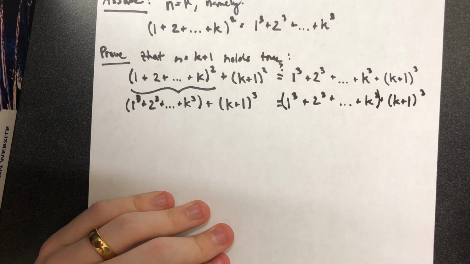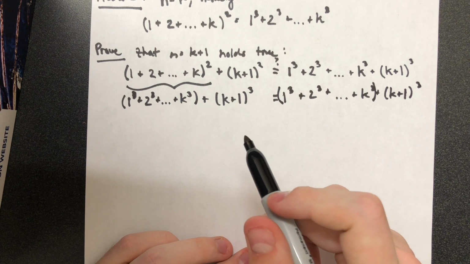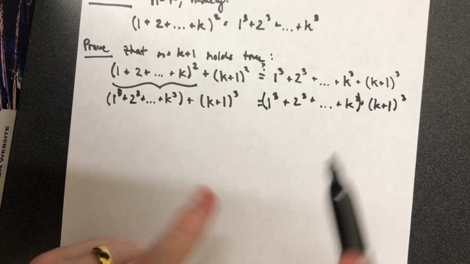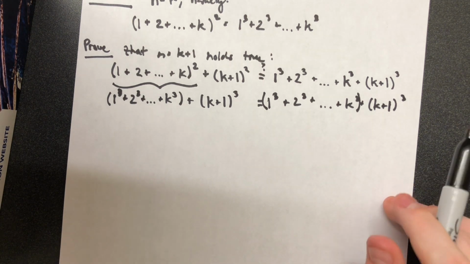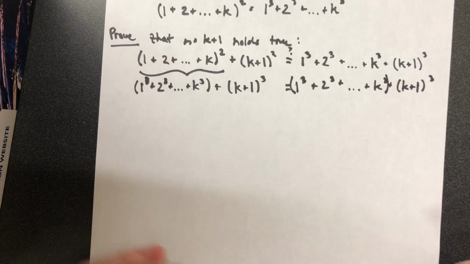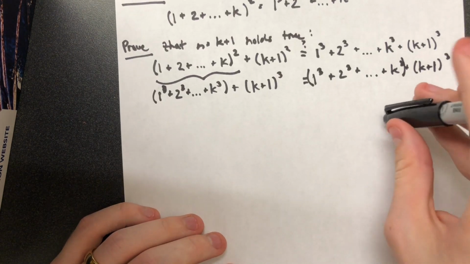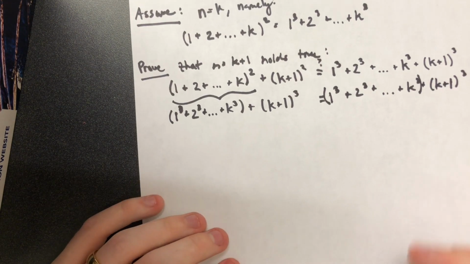Put these in parentheses too, it doesn't really matter. And you may be thinking, oh, wait a second, they're already equal. And you're right, they are already equal. So at this point, you really don't need to do a whole lot because they're already equivalent. So I guess you can just end the proof right here. And yes, I knew that this would happen for this proof. I wanted to show that just for reasons.